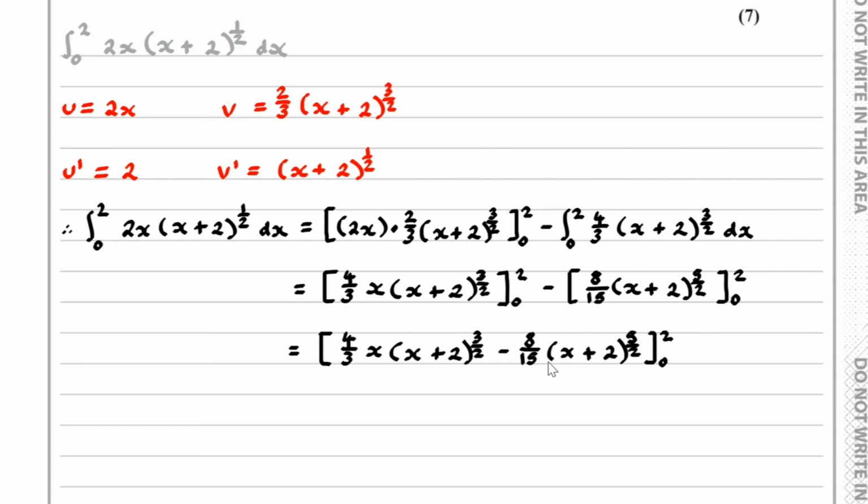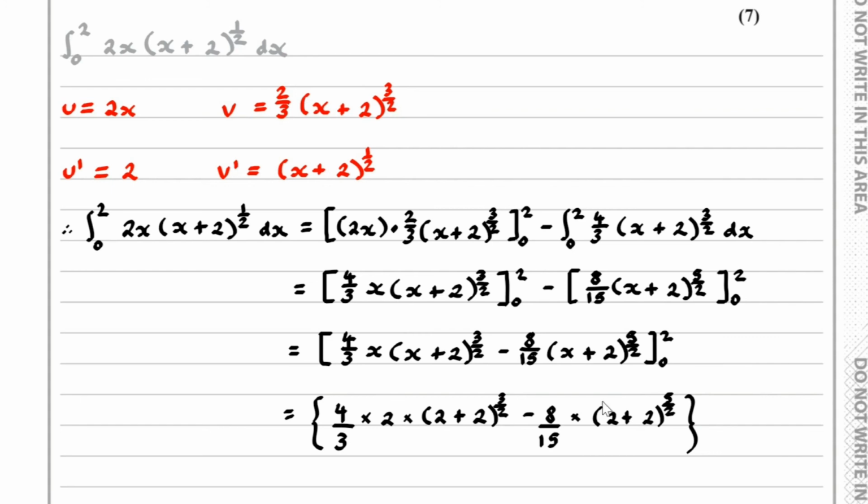So, for my upper limit, I've got 4 over 3 multiplied by 2 multiplied by 2 plus 2 to the power of 3 over 2, subtract 8 over 15 multiplied by 2 plus 2 to the power of 5 over 2.